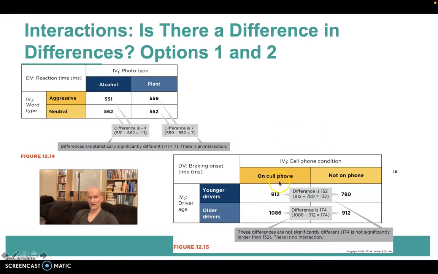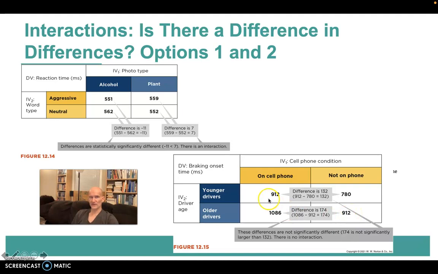Or remember this study of the effects of cell phone use, so being on your cell phone versus not being on your cell phone, and age, younger drivers versus older drivers, on braking reaction time. Again, we have 4 cells. An interaction would be, is the difference in reaction time between being on your cell phone and not being on your cell phone different for younger drivers than for older drivers?